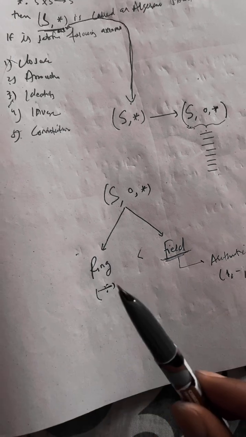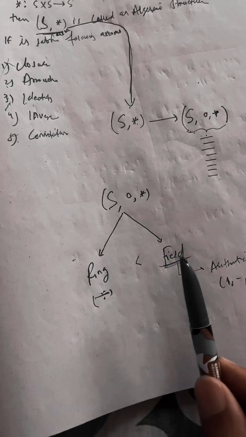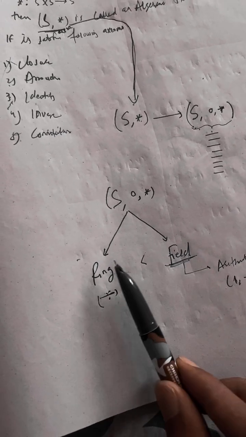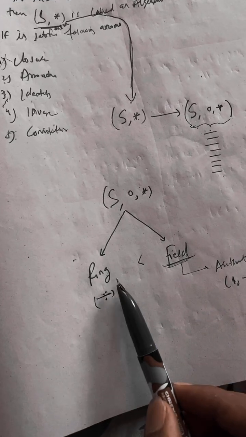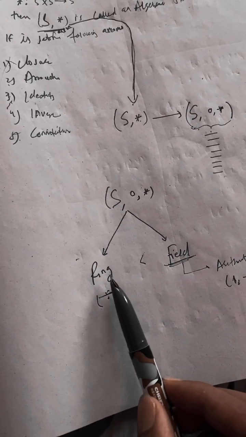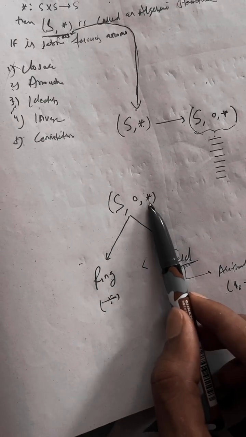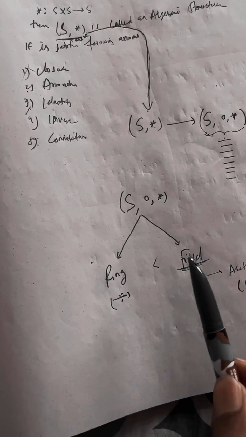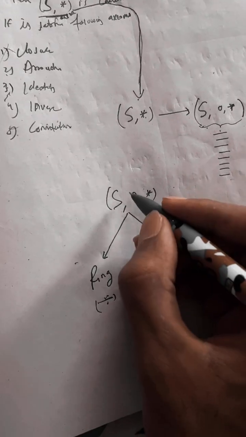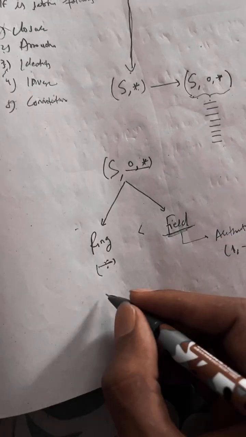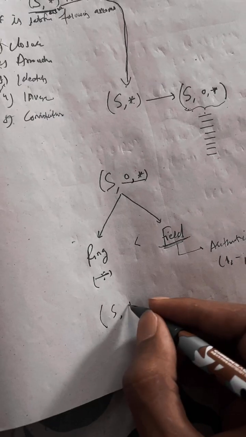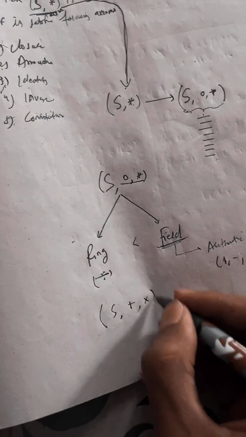Maybe I can tell you about this, okay? Now, for a ring, first we have to specify what this operation is for ring and for field. So these structures are mostly a set, an operation addition, and an operation multiplication.